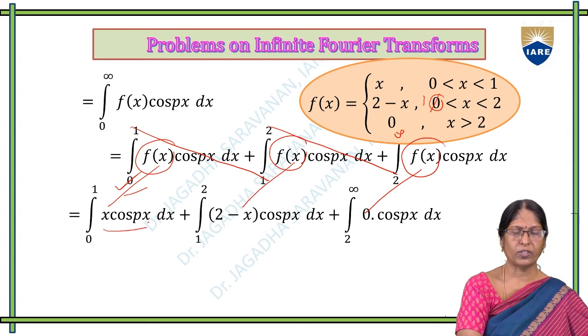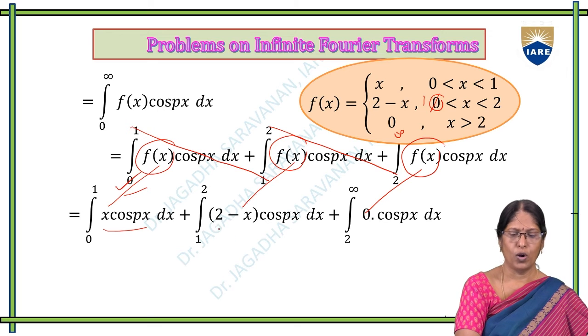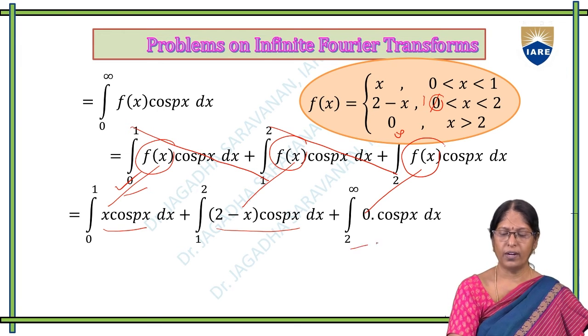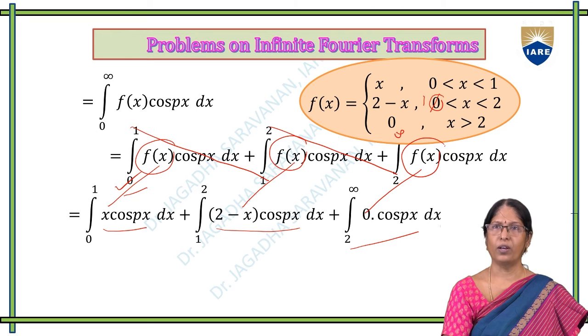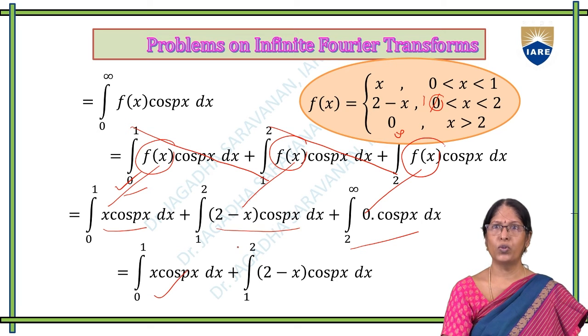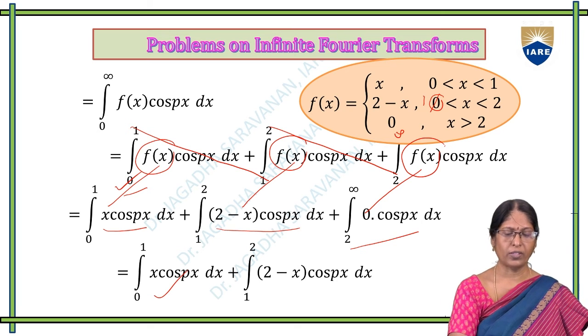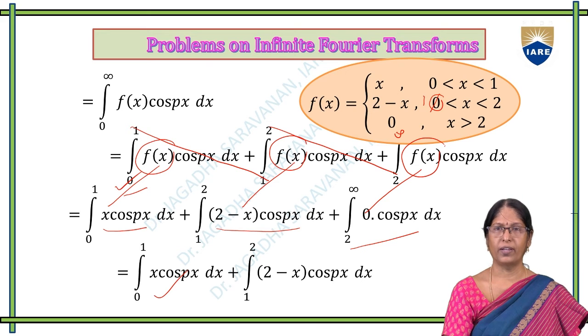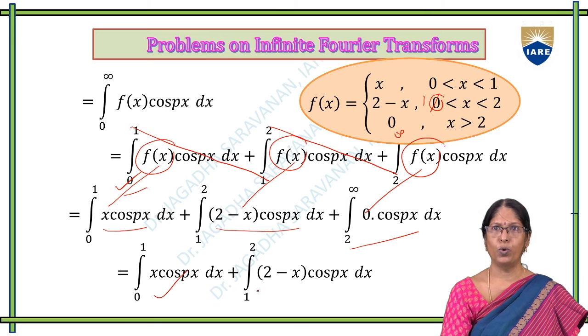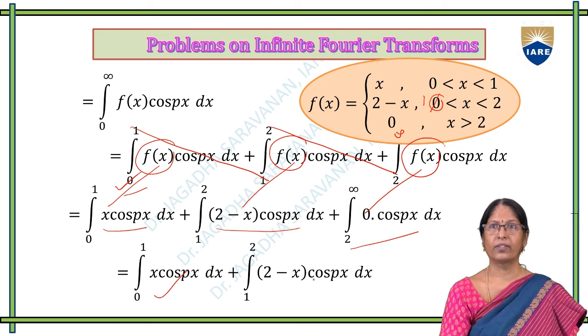Now x cos px, 2 minus x cos px, the third integral is vanishing. Now the first integral is 0 to 1 x cos px dx plus integral 1 to 2 2 minus x cos px dx.